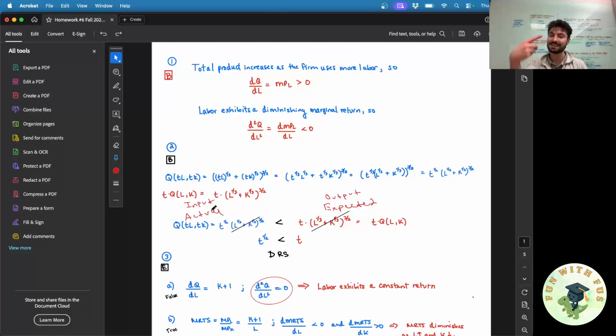So that is decreasing returns to scale. But if this was the opposite, where what I actually put in was better than what I expected, then that would be increasing returns to scale. Like I'm getting a deal on whatever I'm using.